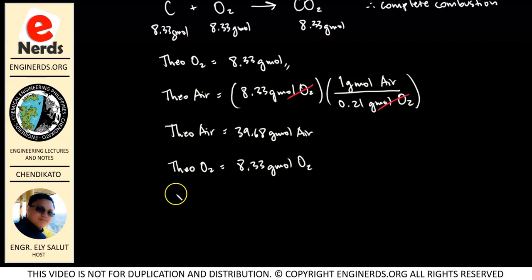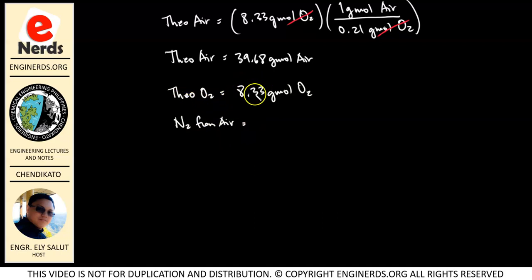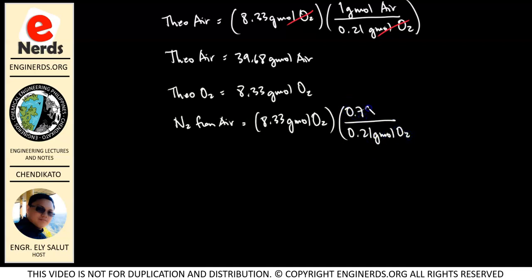Ngayon, ang kailangan nating makuha is yung the number of moles ng ating N2 from air. So, paano natin makukuha yan? So, we know that our theoretical O2 is 8.33 gram mole of O2. And then, we have to multiply this sa fraction of O2 and N2 sa air. Okay? So, for every 0.21 gram mole ng O2, we have 0.79 gram mole ng N2.